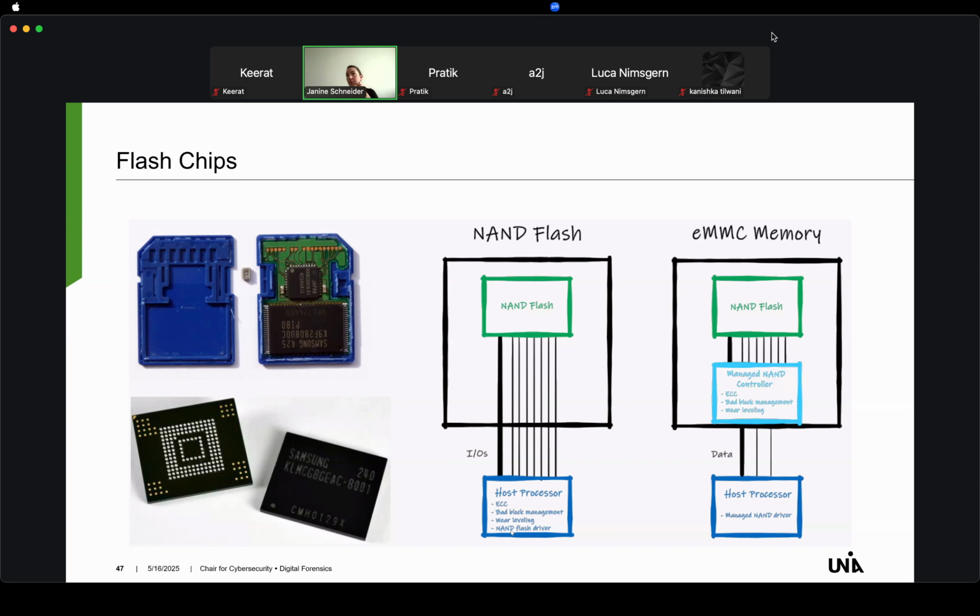Both technologies enable persistent data storage. They don't pretend to be a hard disk, actually, like the SSD does. And this internal controller of the eMMC chip can be addressed via 64 different commands.